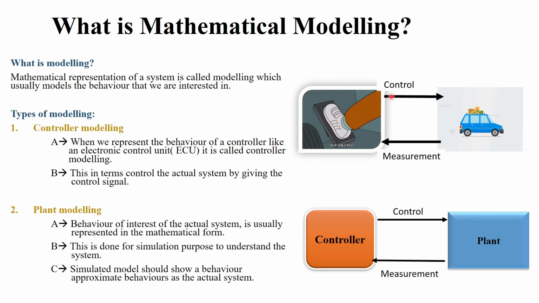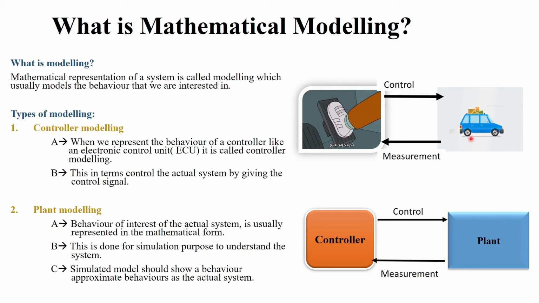Here I am giving some control signal, and then I am measuring it, and then I am doing the control. The control part, if I develop it in software, is called a controller, and the controller will take the measurement and give some control signal to the system.